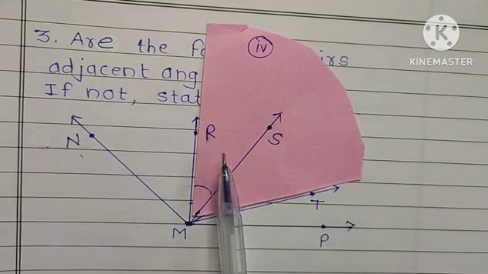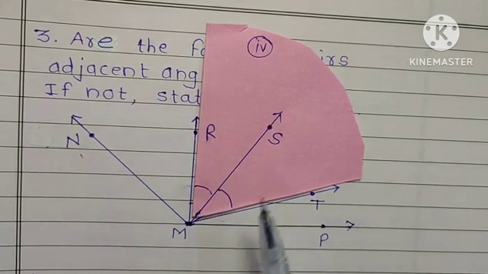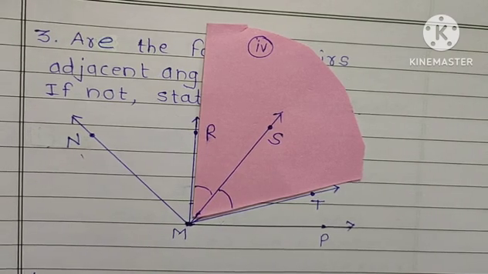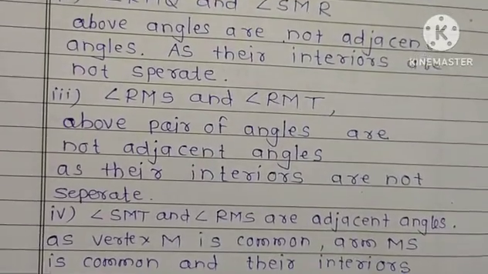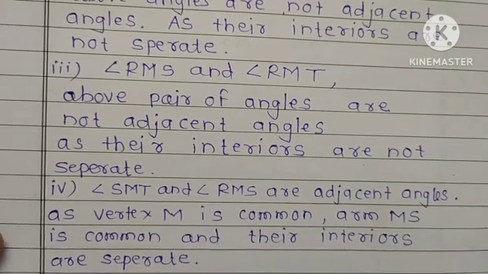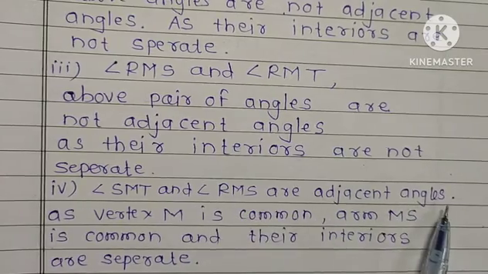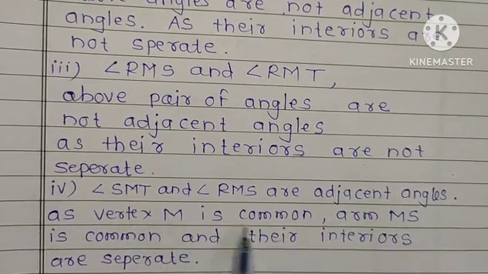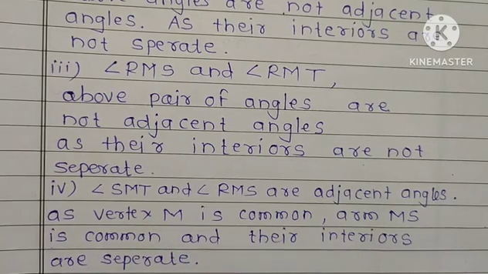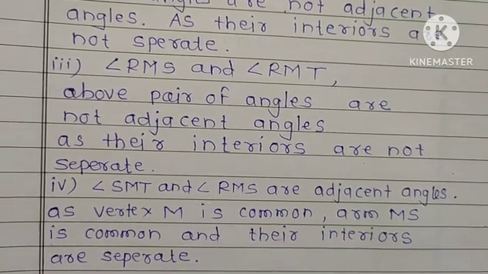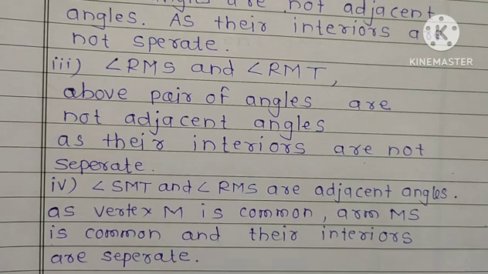And third, their interiors are separate. So this pair is called adjacent angles. Fourth question: angle SMT and angle RMS are adjacent angles as vertex M is common, arm MS is common, and their interiors are separate. So friends, in this way we have completed practice set 15.